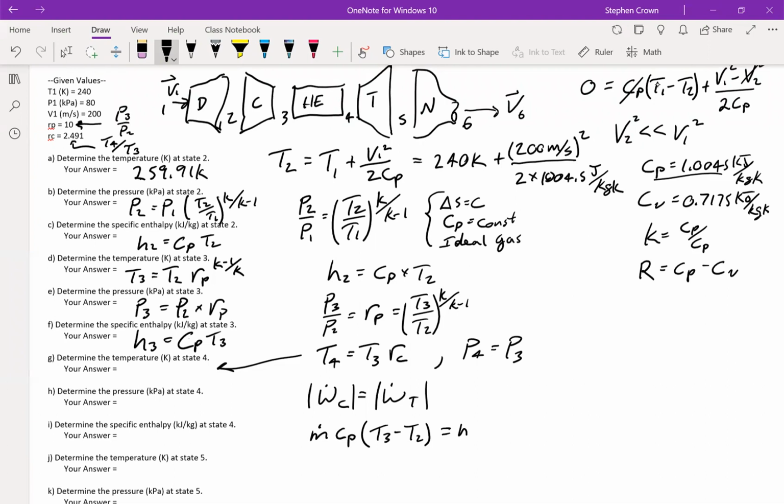And that would be Cp times T4 minus T5. Of course, the m dots cancel, the Cp's cancel, and I get T4 minus T5 equals T3 minus T2.